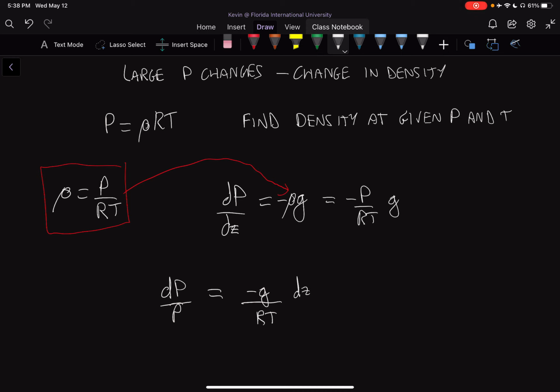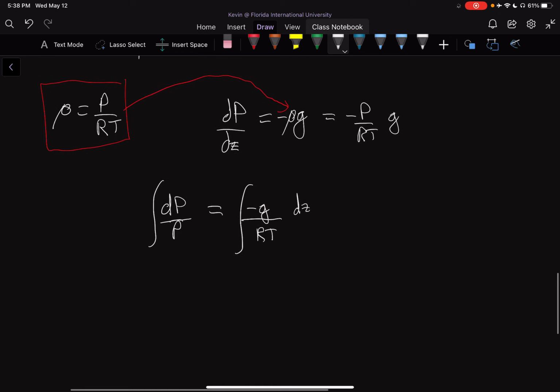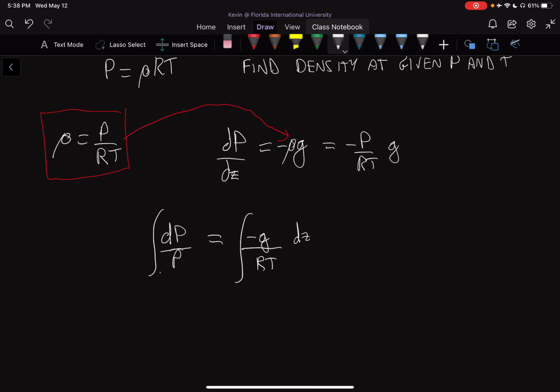Okay, so we just rearranged the equation a little bit. And now we're going to integrate both sides of this equation to get an explicit solution for the problem. So by integrating, what do we get? We're going to integrate from 1 to 2 and from 1 to 2.